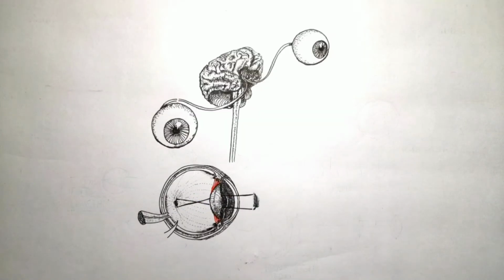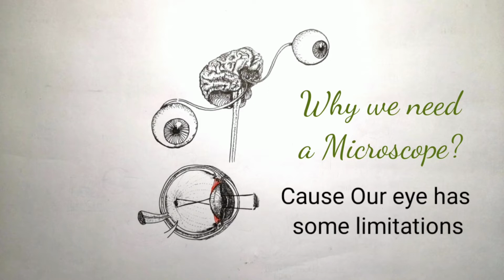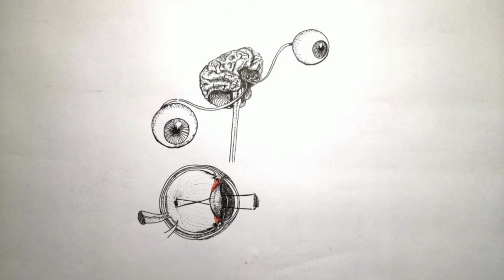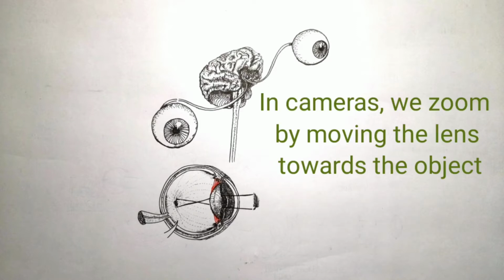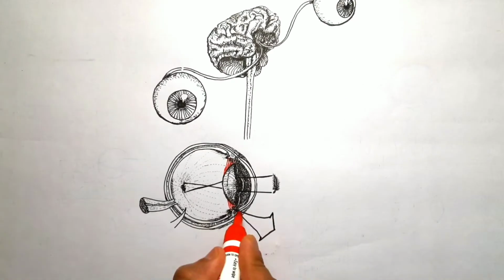The eye, like any optical instrument, has some limitations. Now it's time to find out why we, with our naked eyes, are unable to view very small microscopic things. From the common sense of using a camera, we can say that if we are to capture an enlarged image of an object, we need to zoom the lens. That is, we have to move the lens towards the object. The same thing cannot be done with our eye lens.